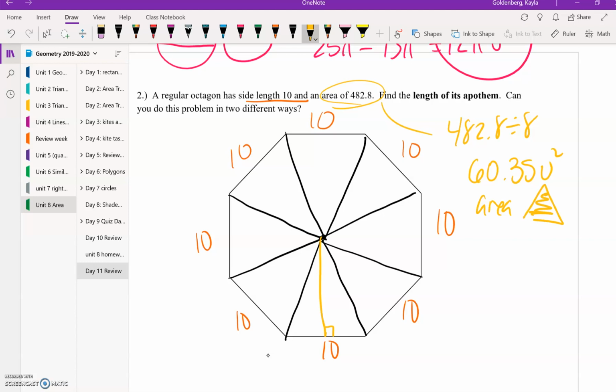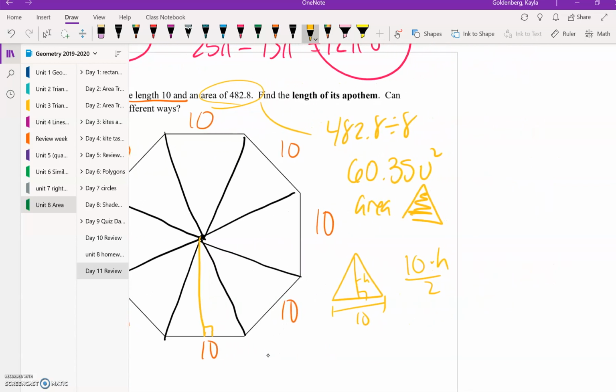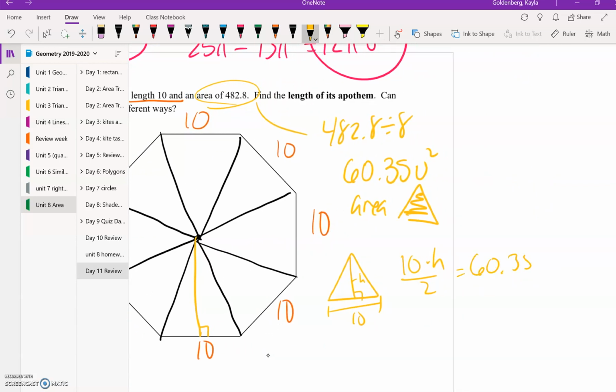Now I know the area of my triangle, right? I know the base, and I'm looking for the height. So I know that 10 times height divided by 2 has to equal 60.35. And now I just need to go backwards and solve for h.